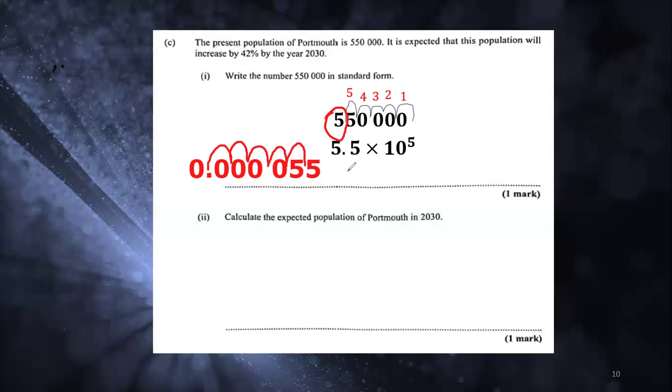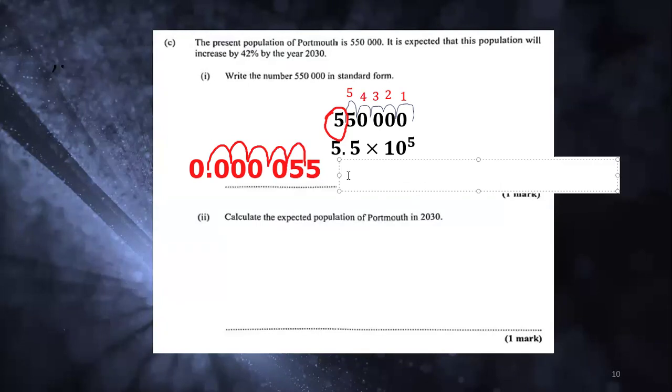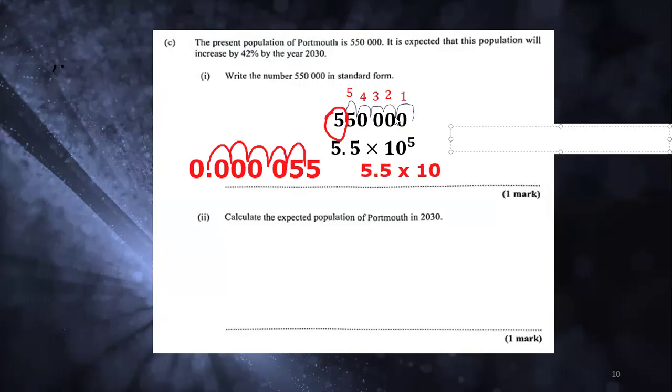And in this case, it's going to be the same 5.5, right? It's going to be 5.5 by 10 to the power of what? Who can tell me? 5.5 by 10 to the power of what? Anybody want to hazard a guess?